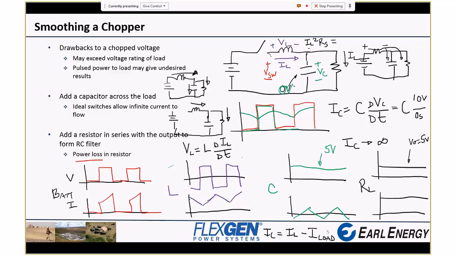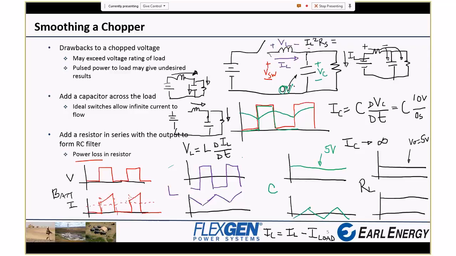So if you look at the average of this current, you sort of know the average of the inductor current was equal to the load current, which we said was 1 amp. So you now have this pulsing waveform that is, let's say, about 1 amp. 1 amp would be right here.